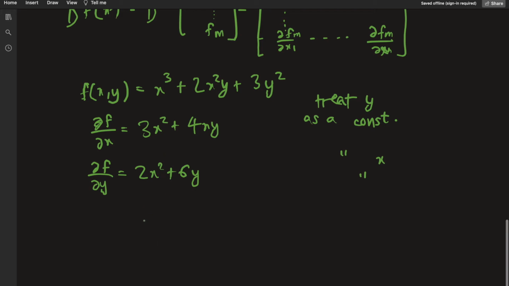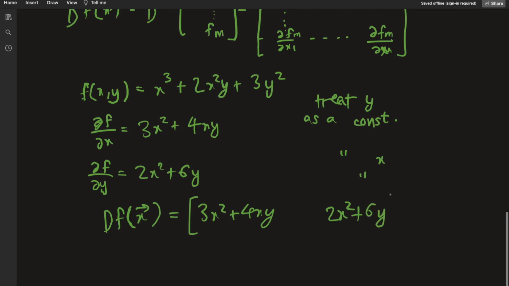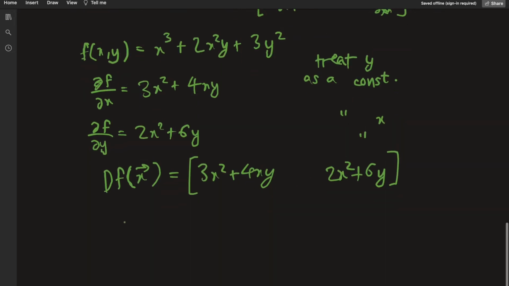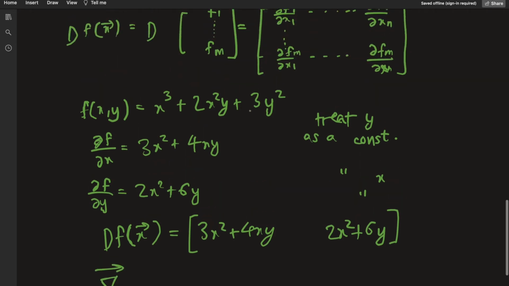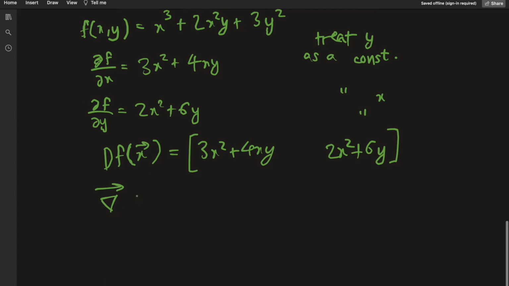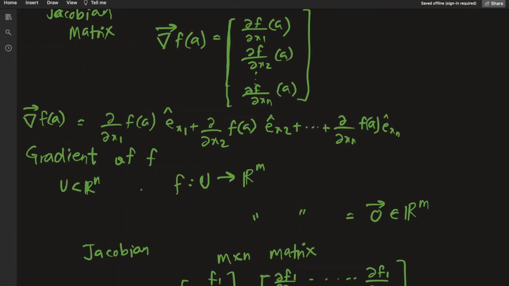Okay. What I can do before turning the page is find the Jacobian for you at a general vector x. So that's going to be, take all of these, 3x squared plus 4xy and 2x squared plus 6y, in the first row. Well, we can find the gradient similarly, because this is a scalar field. Gradients are only for scalar fields. Let me emphasize that here.